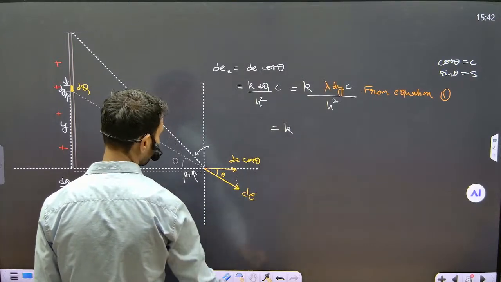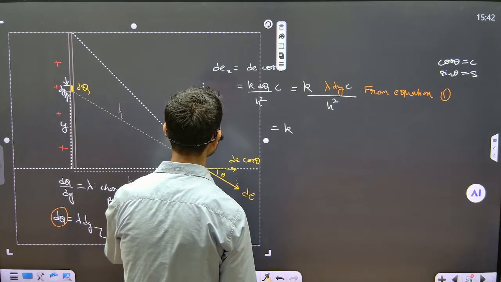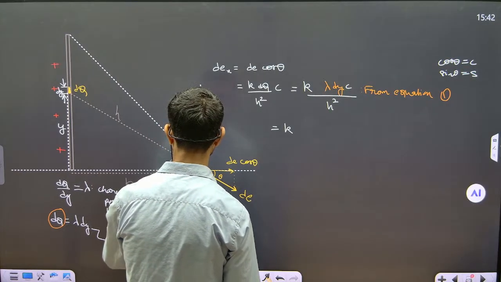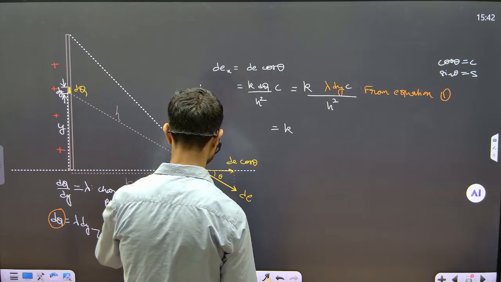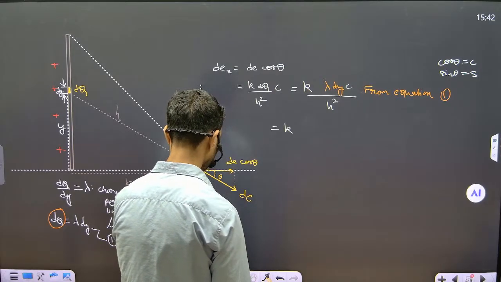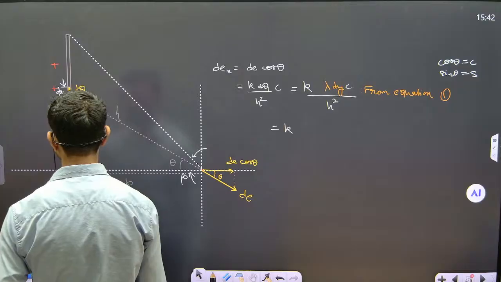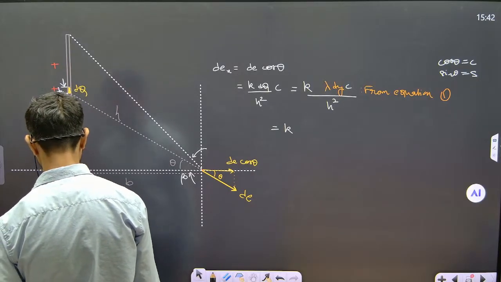Combine, right? Again it is gone. Not working at all.